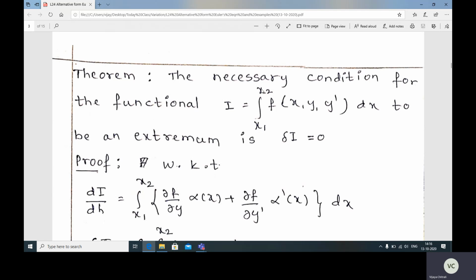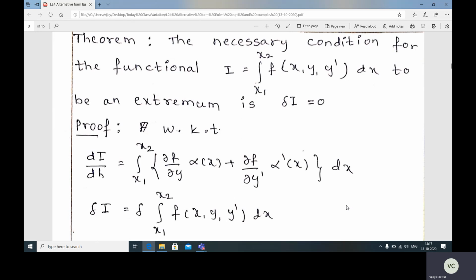for the functional I equal to the integration from x1 to x2 of f of x, y, y dash dx to be an extremum: delta I is equal to 0. We know that dI by dh is equal to the integration from x1 to x2 of dou f by dou y alpha of x plus dou f by dou y dash alpha dash of x dx.